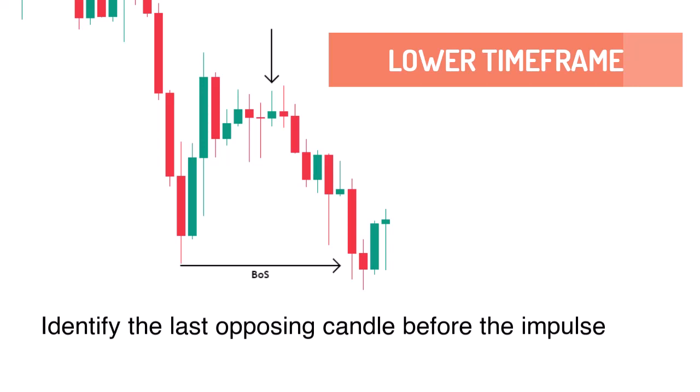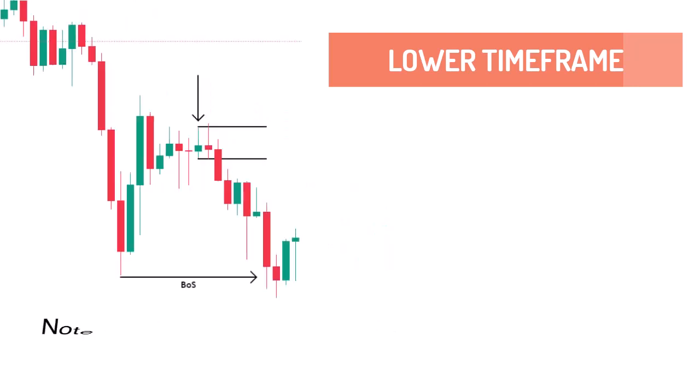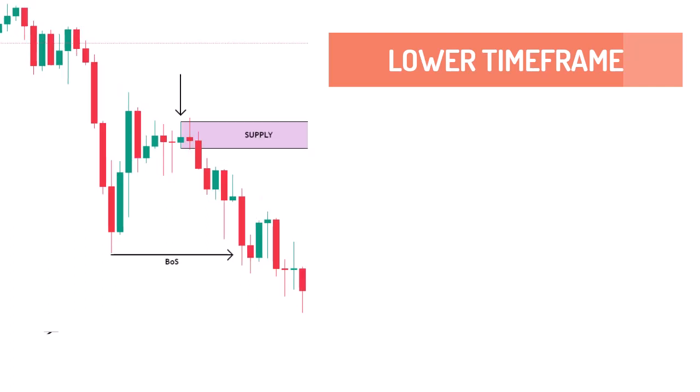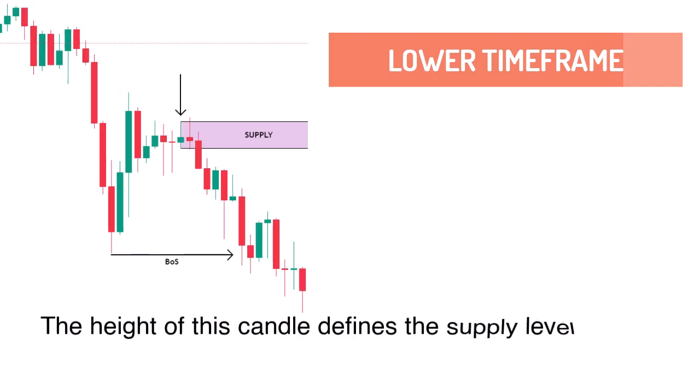In this example, this green candlestick is the core. Now, the complete height of this green candle will be noted, and this is what we will use to define our supply level, since we are dealing with a downtrend.